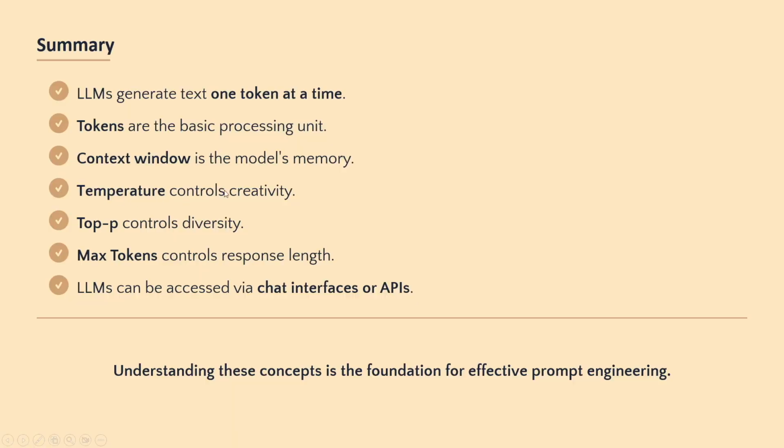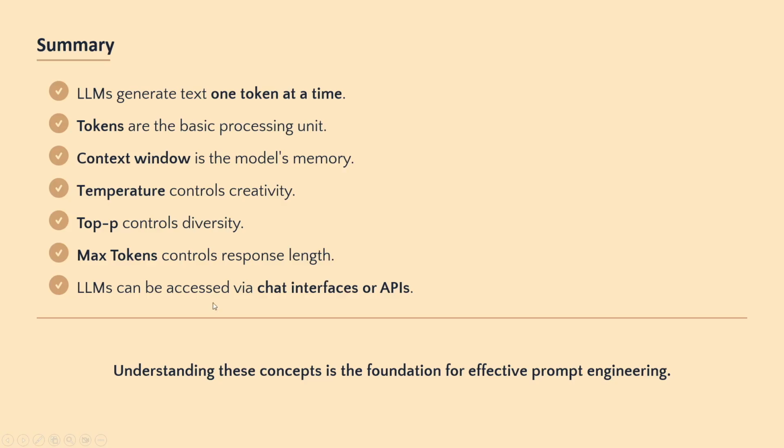And the parameters like the temperature that controls the creativity, top P that gives the variety, and the maximum tokens that gives the response length, whether we want the response to be short or more.